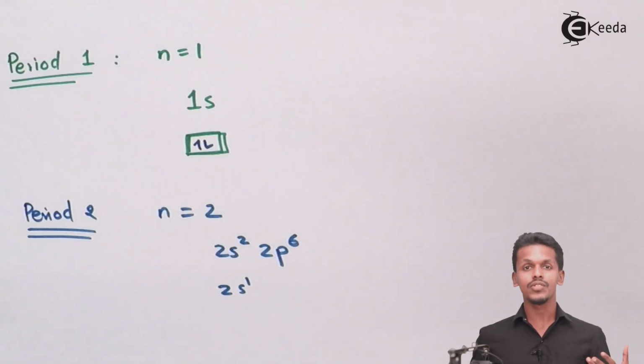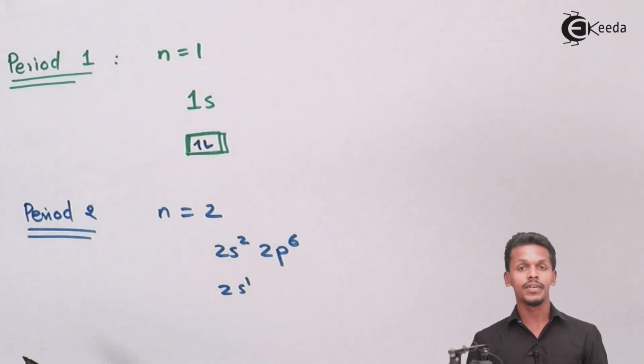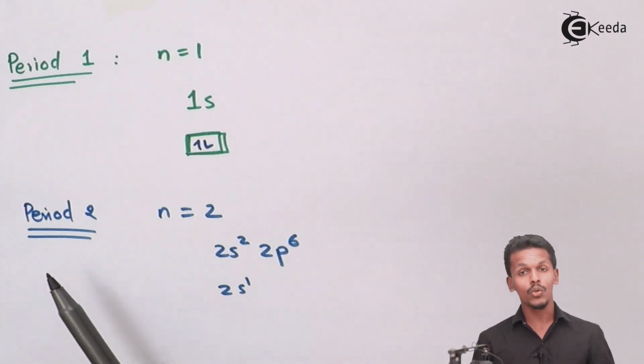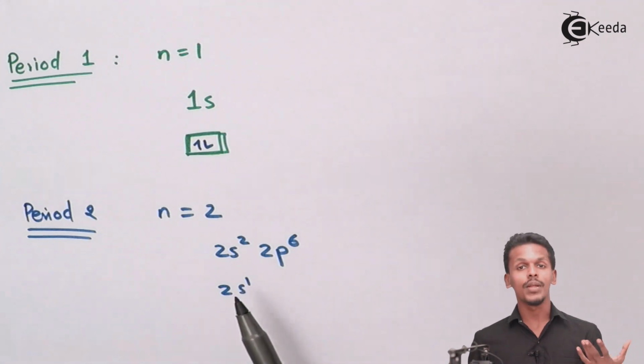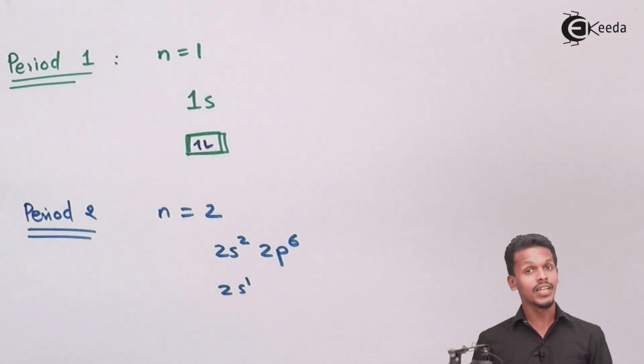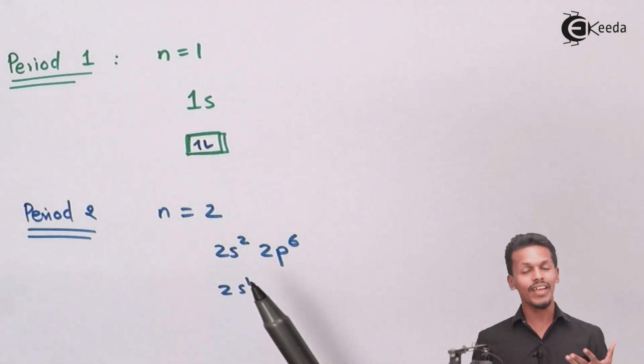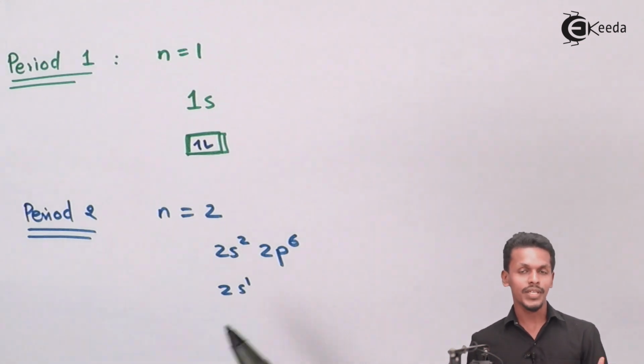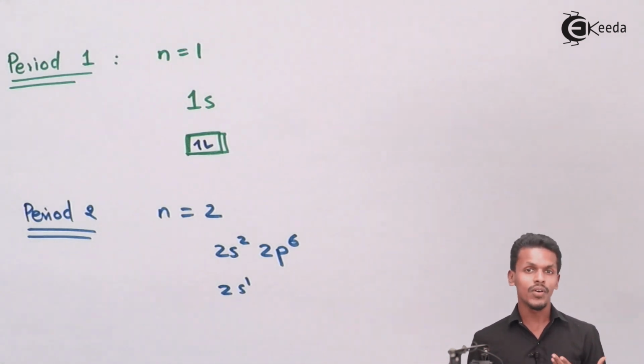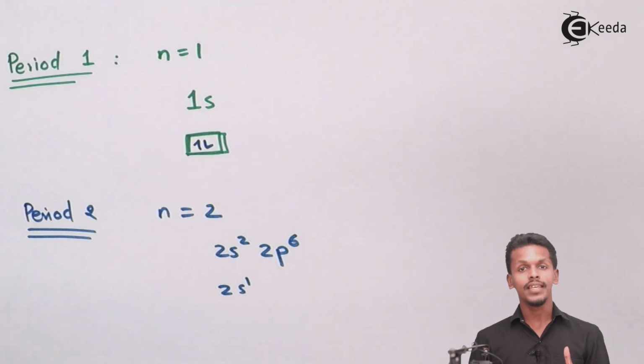So we got to know that in period 2 there are a total of 8 elements, in which 2 belong to the s block, while the other 6 belong to the p block. So let us talk about how the number of elements are divided in the periodic table when we are talking about period 3.